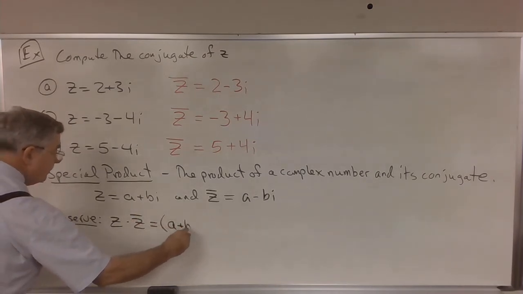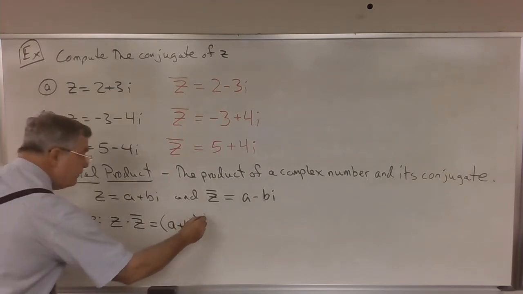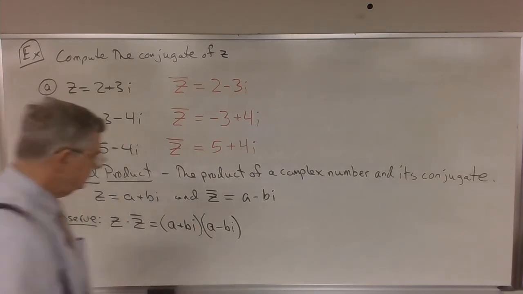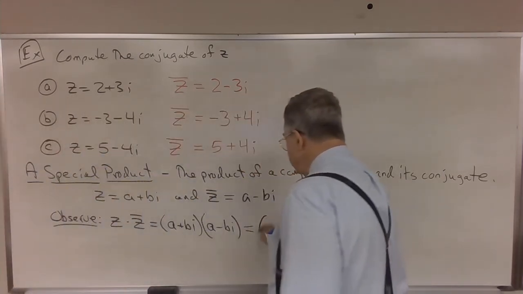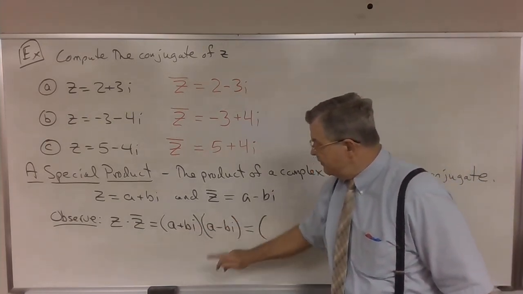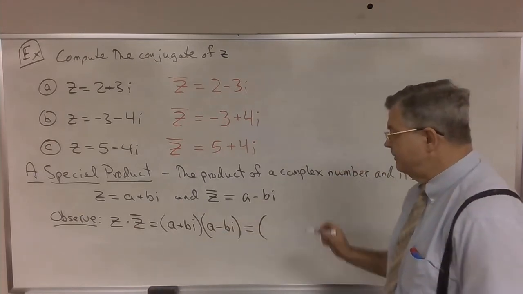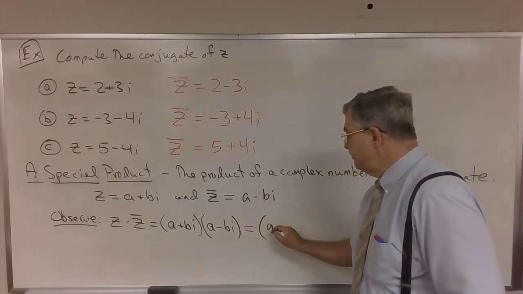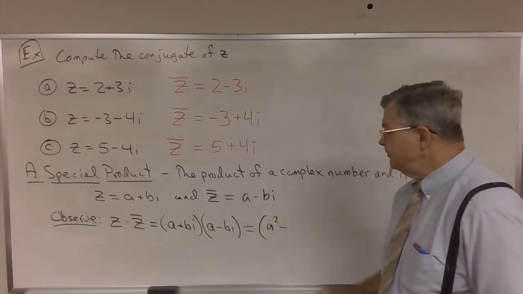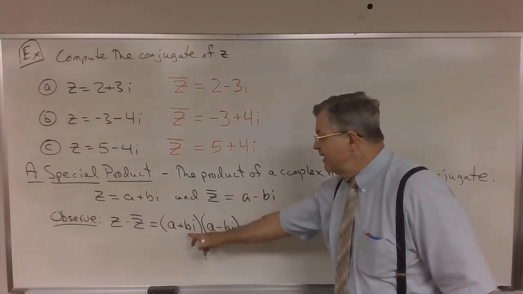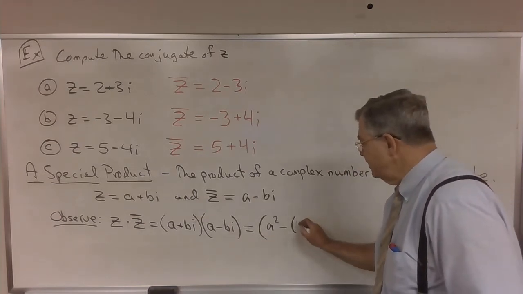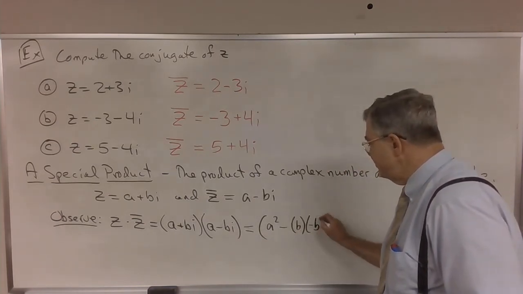So we have a plus bi times a minus bi, and we'll get the real part of the product, we take the real part of the first times the real part of the second, which is a squared, minus the imaginary part of the first times the imaginary part of the second. So that's b times negative b.